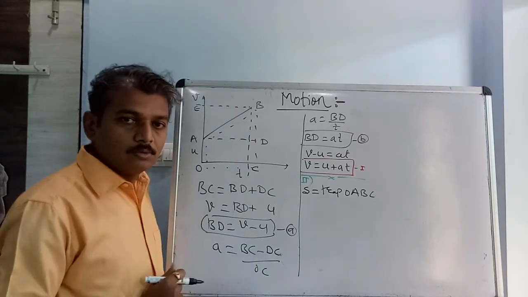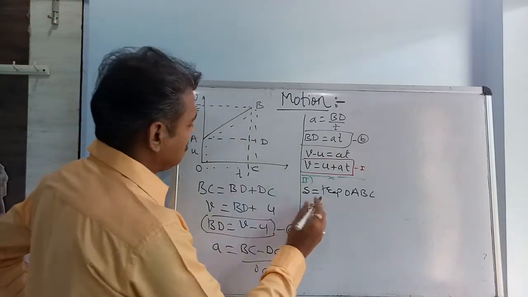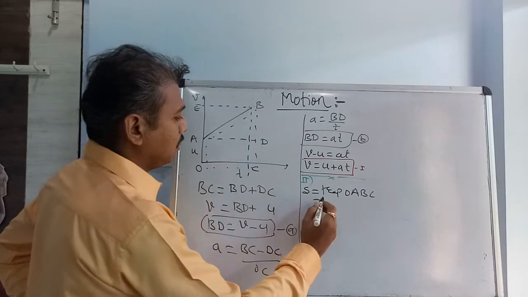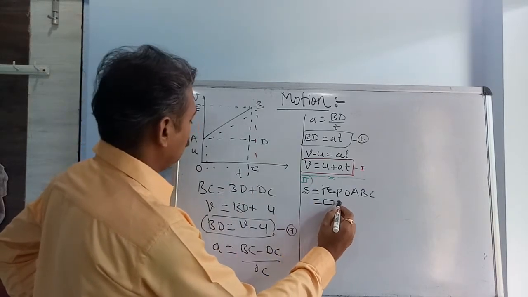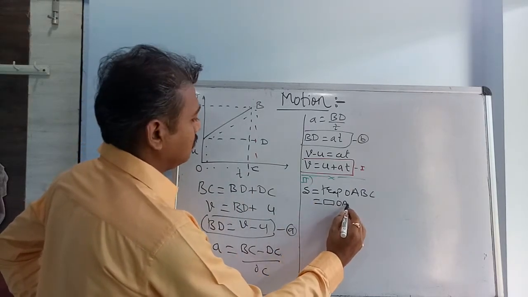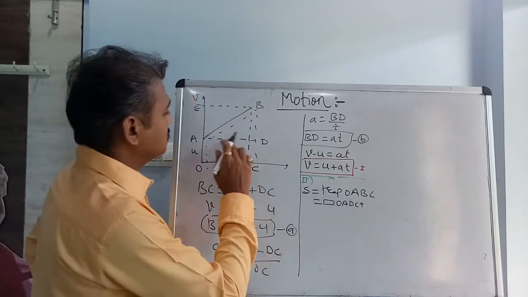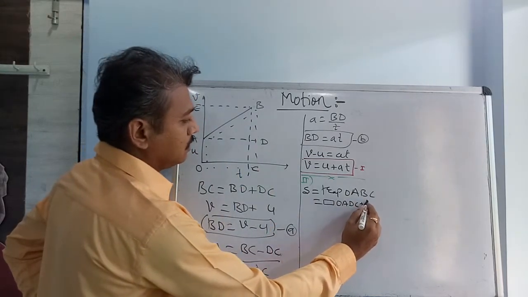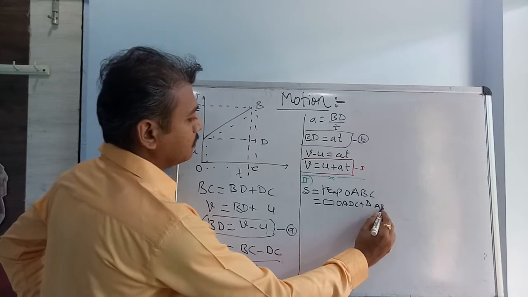This trapezium OABC is made up of two geometrical figures. The first is a rectangle OADC, and the other is a triangle ABD.